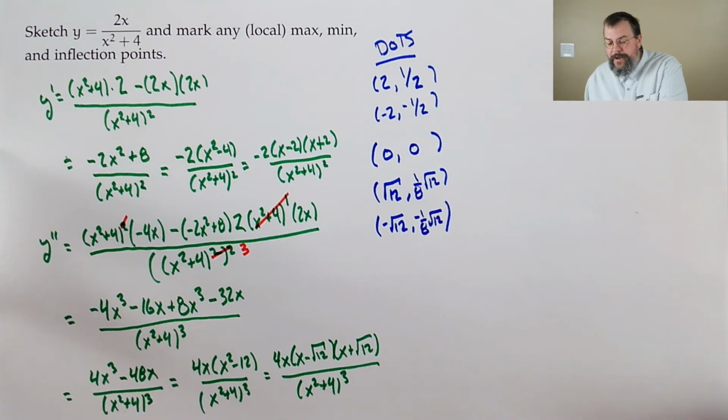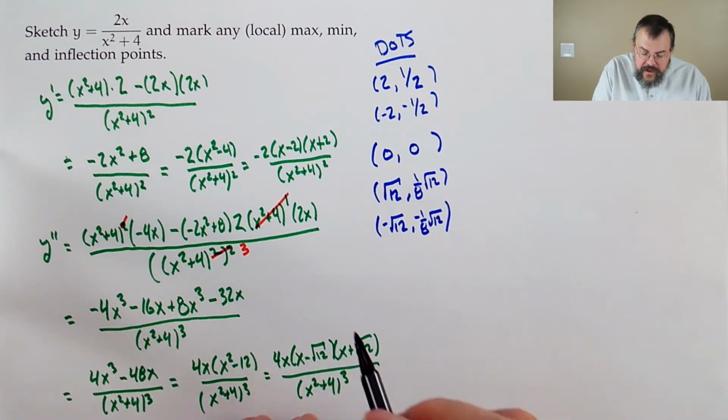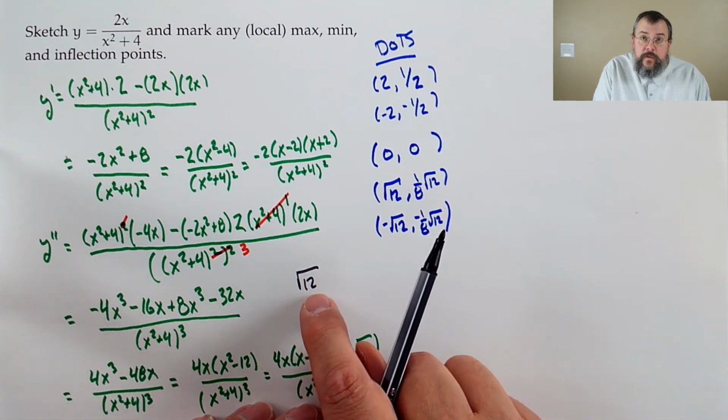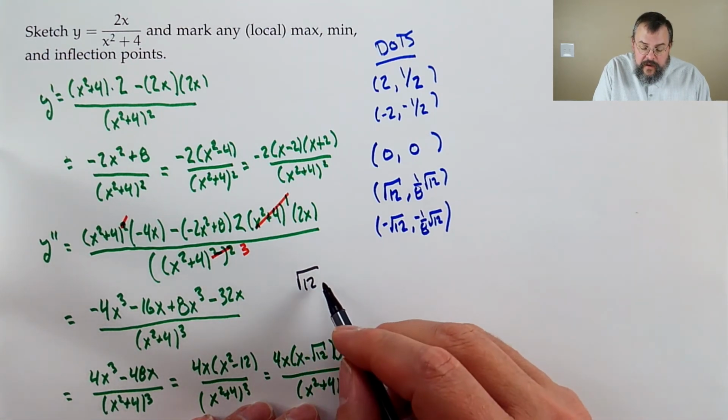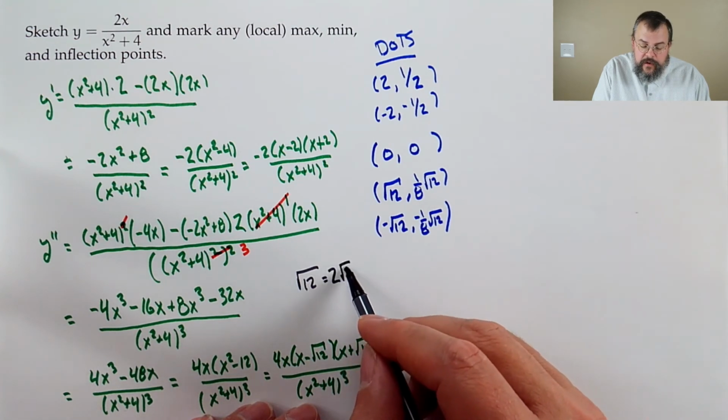Okay, so there are our dots. All right, well, let's mark these. So now, at some point, you're going to say, what is the square root of 12? You can make a little bit of a note here. Square root of 12, notice that 4 divides into 12. So this is the same as the square root of 4 times the square root of 3, which is 2 times square root of 3.